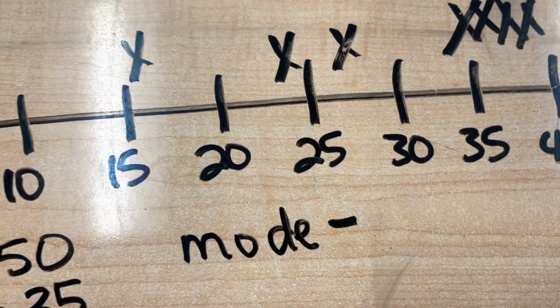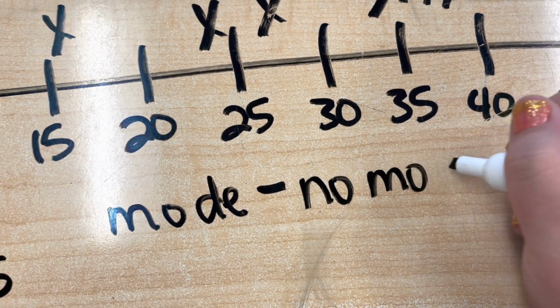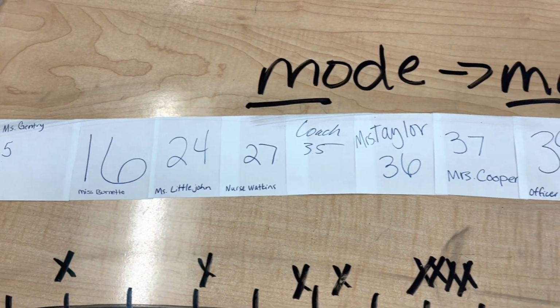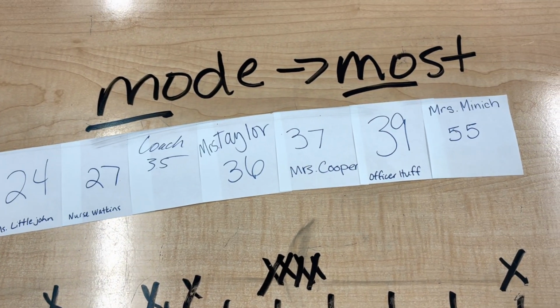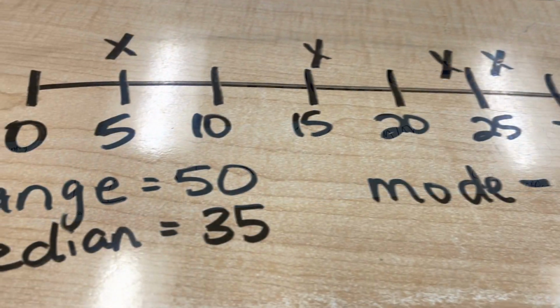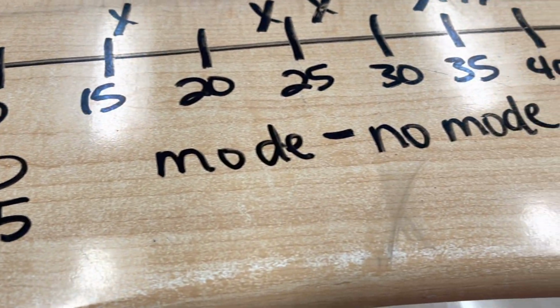What we would write in this case is that there is no mode, because there is no number in my set of data that occurs more than once or most often. Okay, so we have found our range, our median, and our mode.